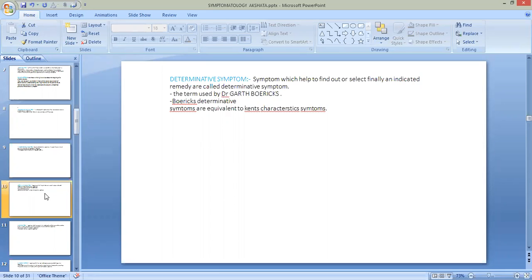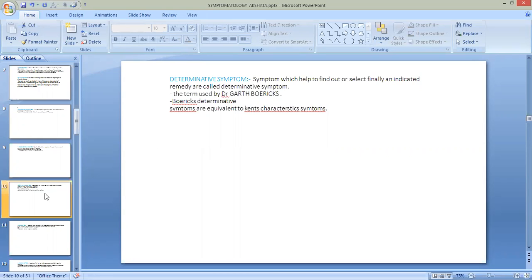According to Dr. Kent, the characteristic symptom of the patient; these symptoms are also called as PQRS symptoms according to Dr. Boni Hussain, and according to Dr. Garth Borick, it is called as determinative symptoms.